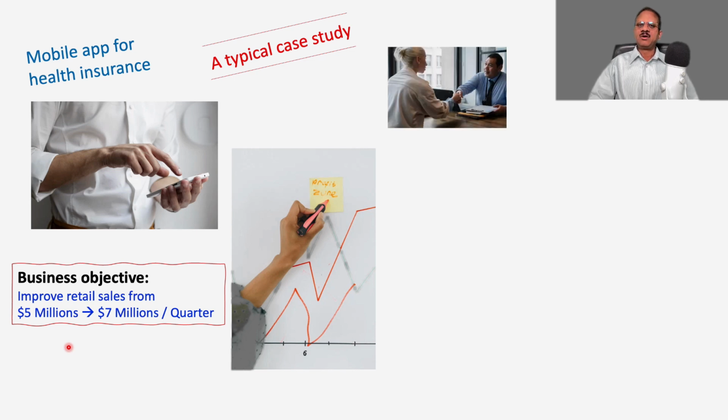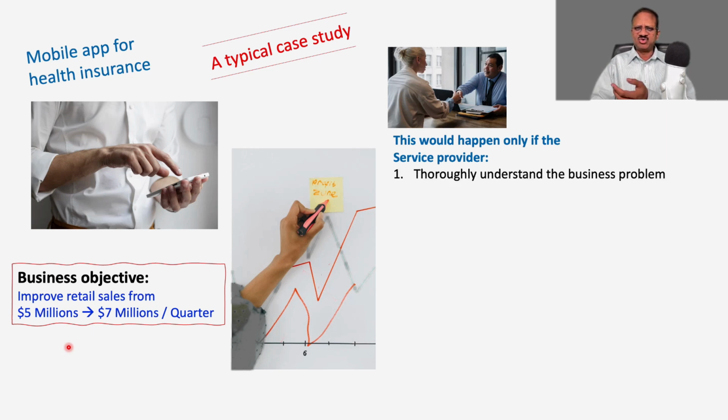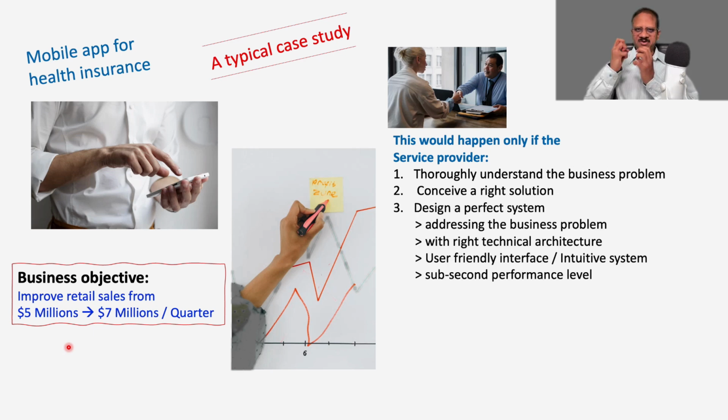Now let us look at how this would be handled in a conventional, typical fixed price engagement. Suppose it is assigned to you as a typical conventional fixed price model. You thoroughly understand the business problem, conceive the right solution, and design a perfect system.